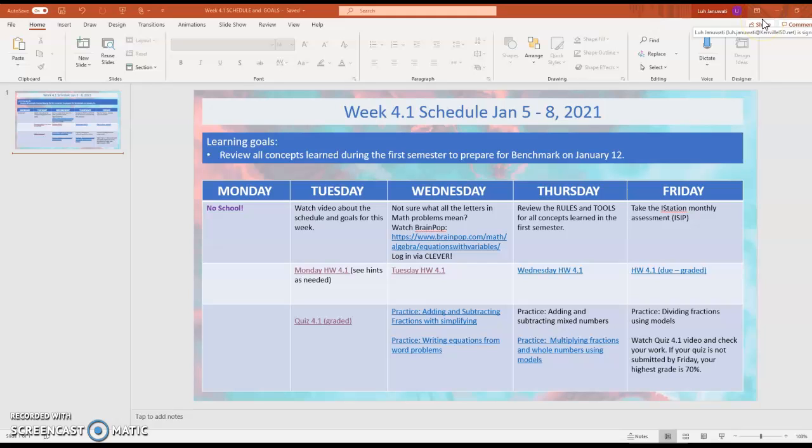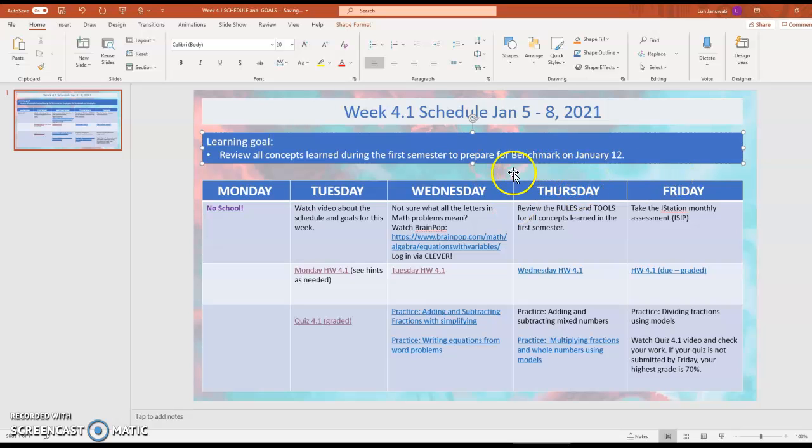The learning goal for this week is to review all concepts learned during the first semester to prepare us for the benchmark on January 12th. As always, you will have homework for Monday, Tuesday, Wednesday, and Thursday, and it's due on Thursday and it is graded.